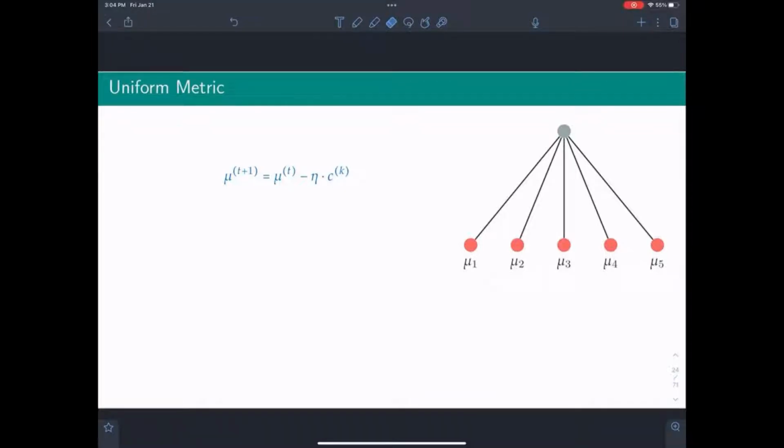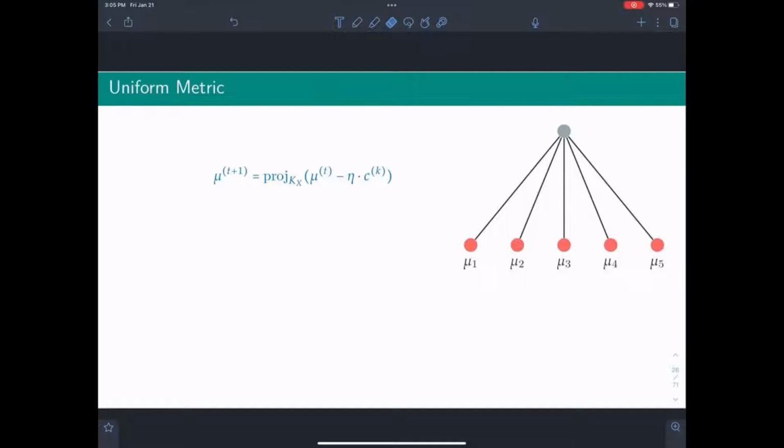Of course, there's the issue that we're only decreasing mass here, and we would be leaving the probability simplex if we just did that. So instead, we have to project this point back into the probability simplex. Or in other words, we have to somehow redistribute this removed mass to the other points.